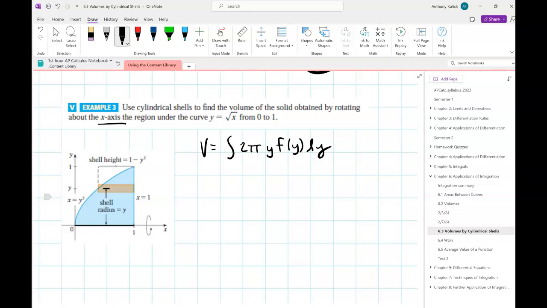Okay, so for some y value, this is like my radius, that's like the 2 pi r. That's just y, hence the y there. This is going to be the height. Always through the shaded region is the height.